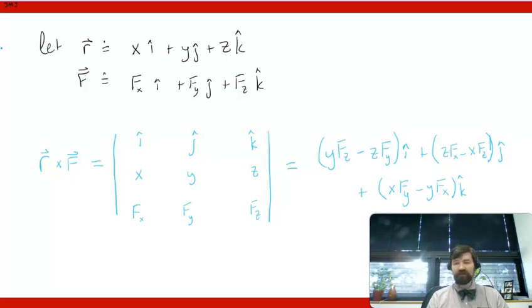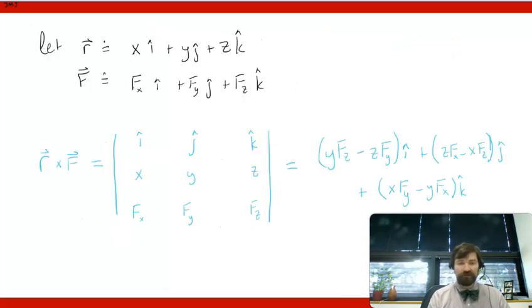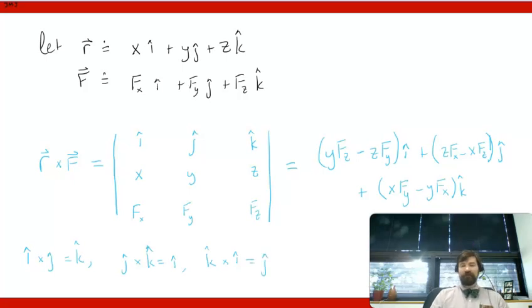Now, in an algebra-based course, we don't really do the full cross product like this very often. Instead, you usually just want to use these results right here. It's worth noting, though, if you know your unit vectors, i hat cross j hat gives you k hat, j hat cross k hat gives you i hat, and k hat cross i hat gives you j hat.